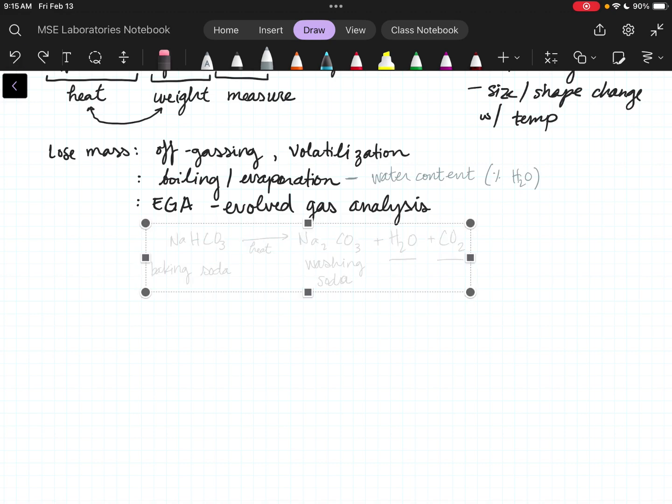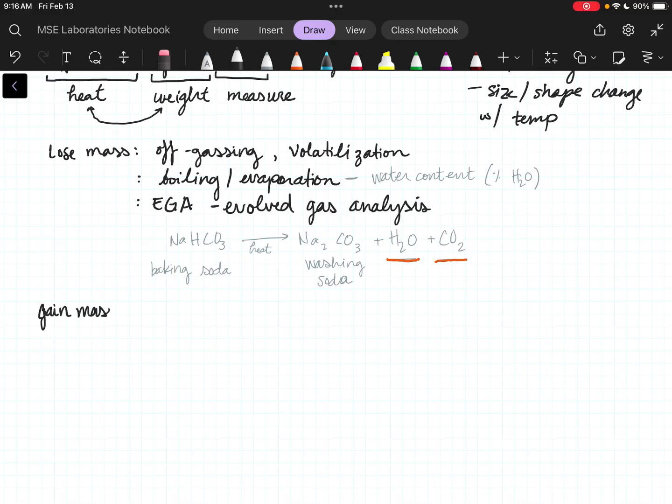So I can figure out percent of water in a material. Say I've got a hydrogel that is partially hydrated, fully hydrated, mostly dehydrated. I can figure out what percentage of water is present in that hydrogel by evaporating or dehydrating that sample.